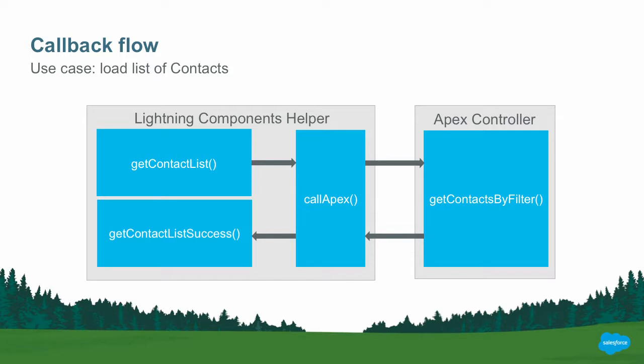So this would be the flow, passing something to the callApex, and also passing in a callback function so that at the end, my data comes back to getContactListSuccess. That was my first approach solving this problem.